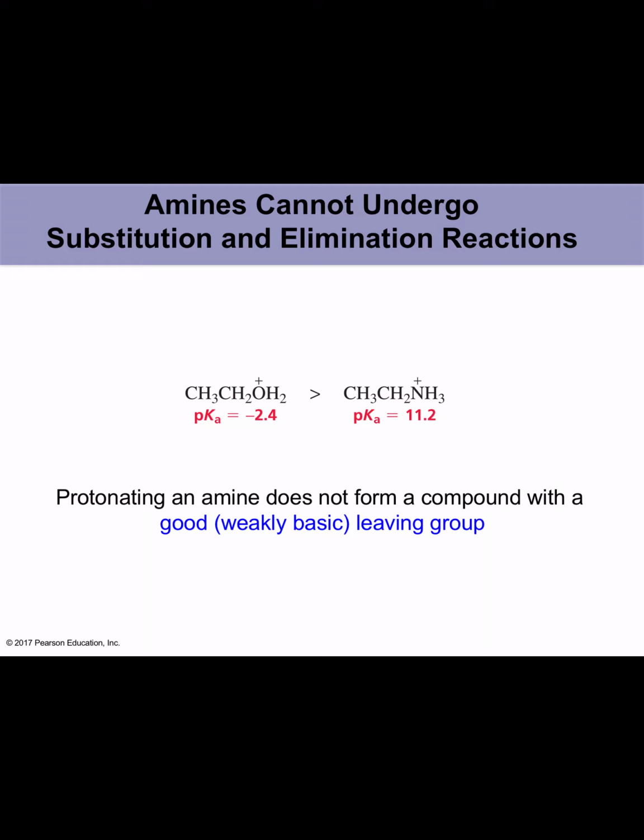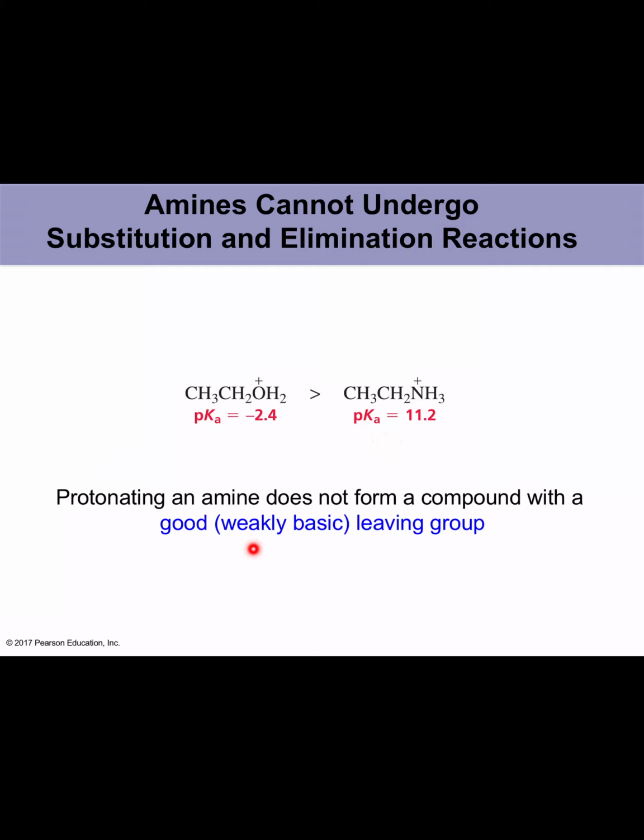And now we're going to talk about amines. Amines cannot undergo substitution and elimination reactions. So here's the pKa of protonated alcohol, negative 2.4, whereas protonated amine pKa is about 11.2. pKa tells us about the acidity and the basicity of compounds.